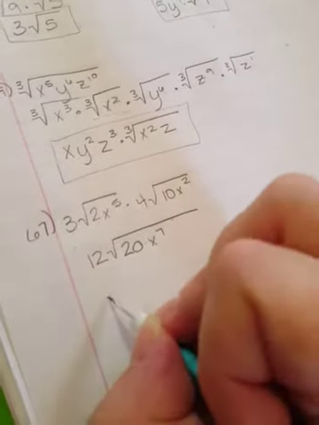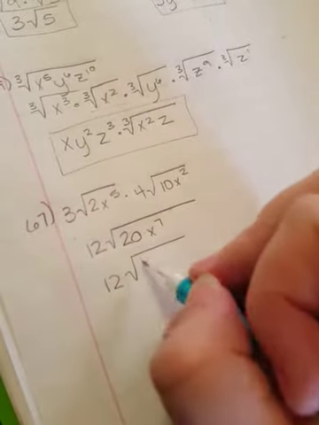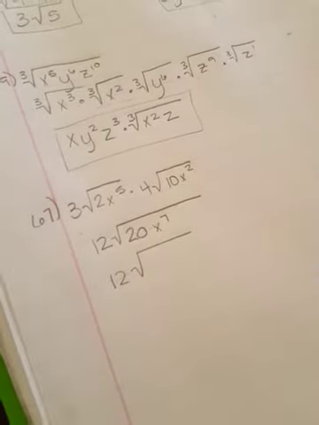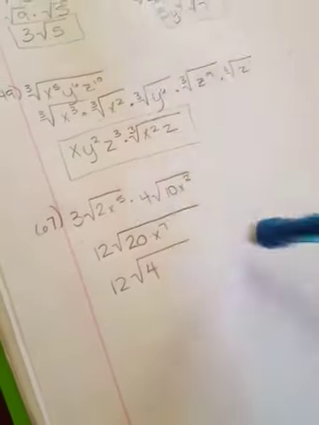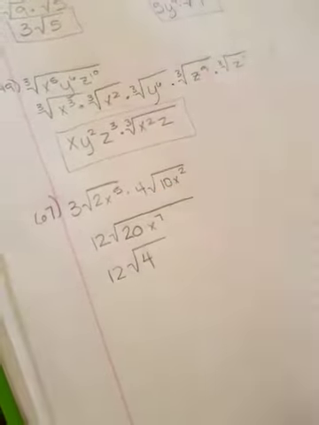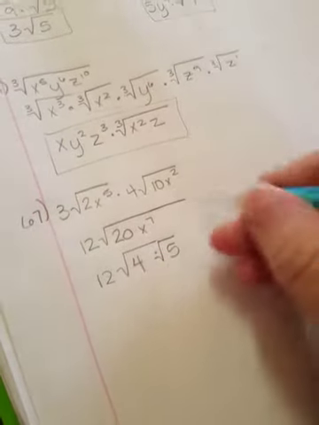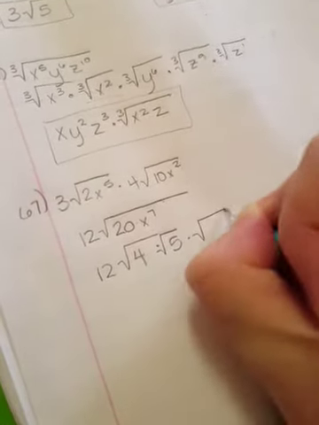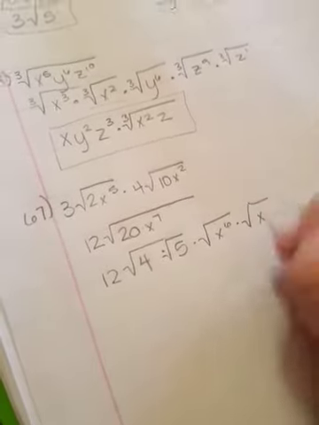So now we bring your 12 down, the square root of 20, the square for that would be 4, and the square root of 5, times the square root of x to the 6th, times the square root of x.